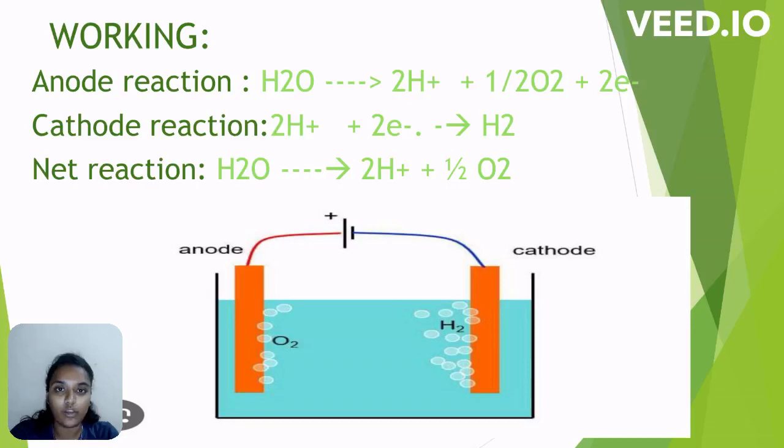At the cathode reaction, these two H+ ions plus two electrons will combine to form hydrogen gas, that is H2. The net reaction occurred here is the water, that is H2O, gets split into two H+ ions plus half O2, that is oxygen gas.